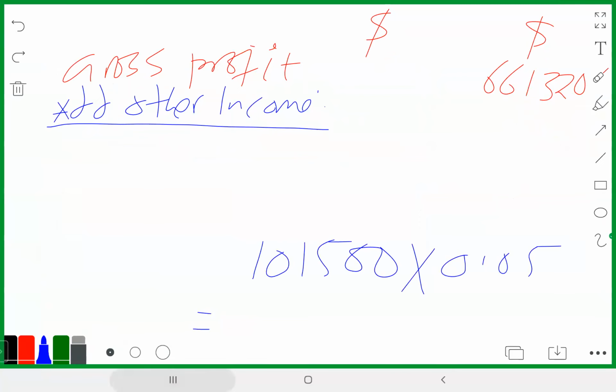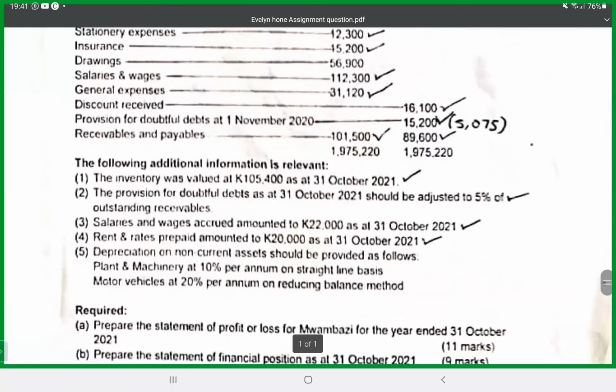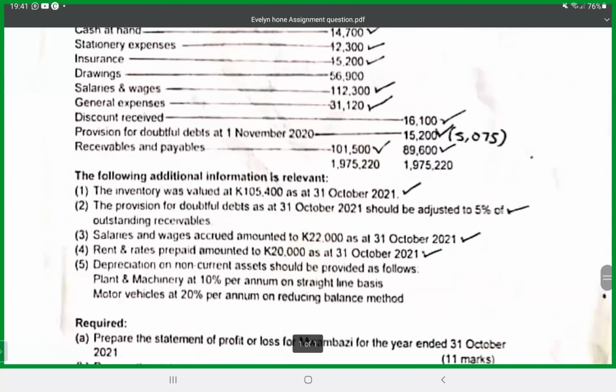How much will be the provision for doubtful debt? 5,075. Okay, 5,075.